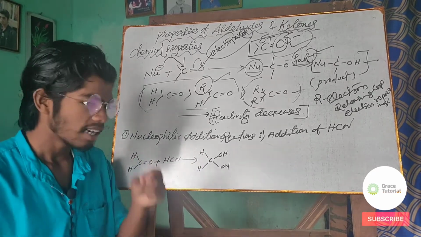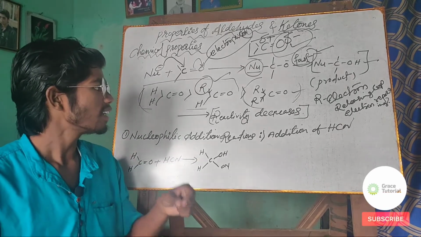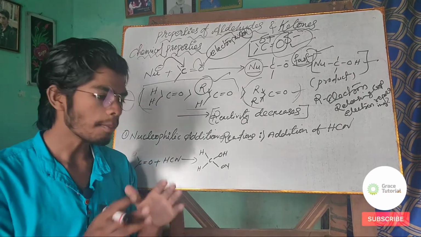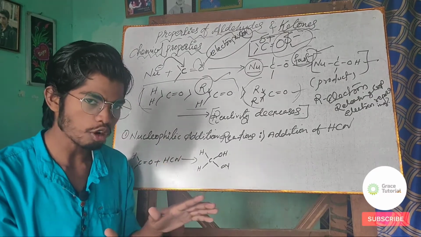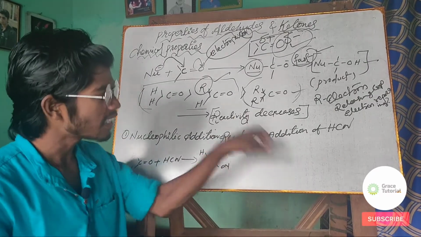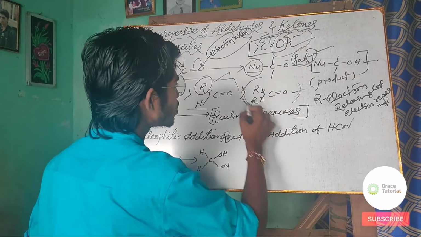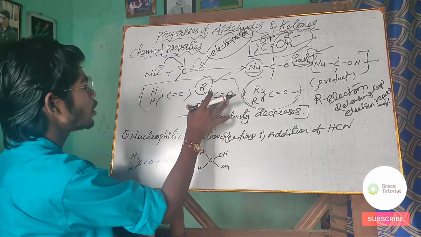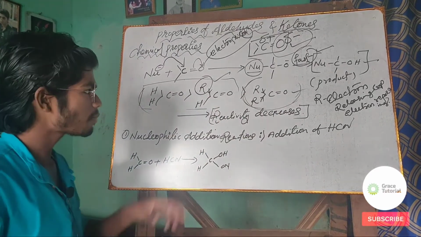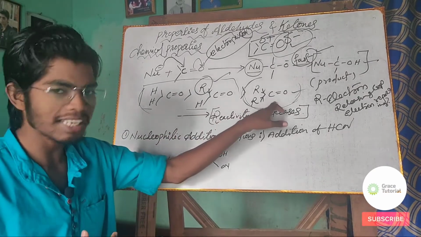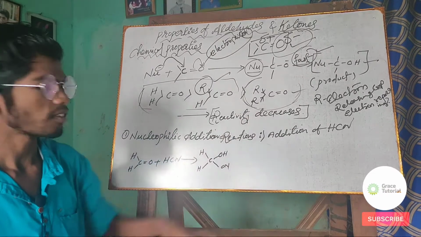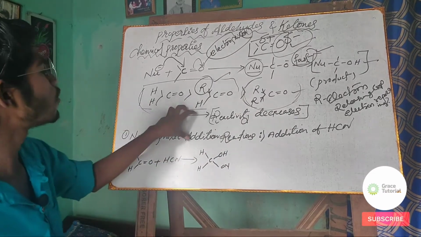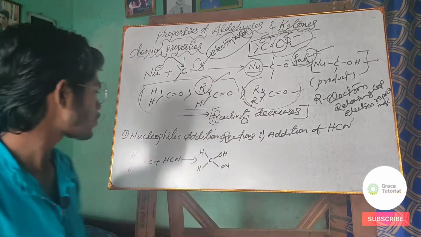The compound with more alkyl groups has more stability, of course, no doubt, but the reactivity decreases. That means the ketone's reactivity is lower than the aldehyde's reactivity. So aldehyde is more reactive than the ketone due to the presence of more alkyl groups in the case of ketone. So that's all about the reactivity of aldehydes as well as ketones.